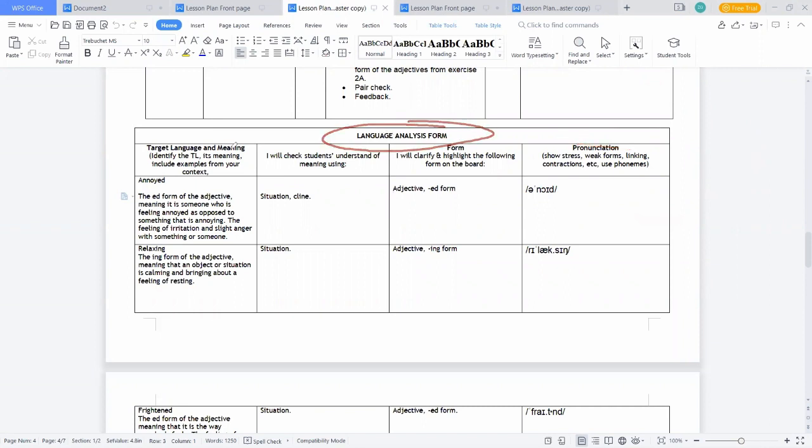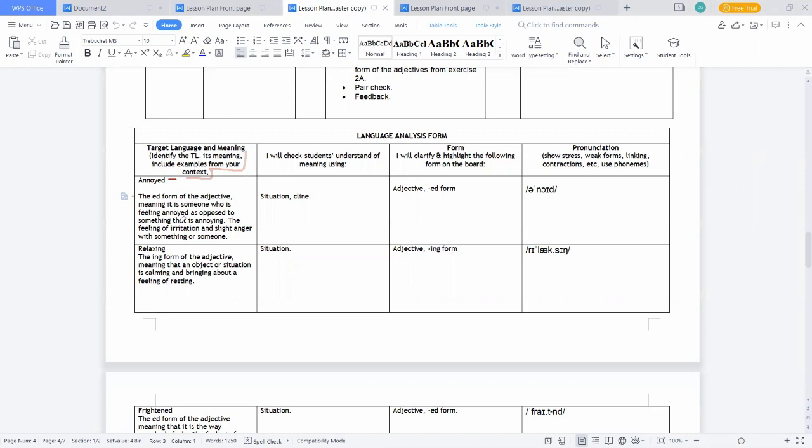So in your language analysis, you should think about the target language and meaning. For my example, it is annoyed. I specify that it's the ed form of the adjective. And you should include examples from your context.